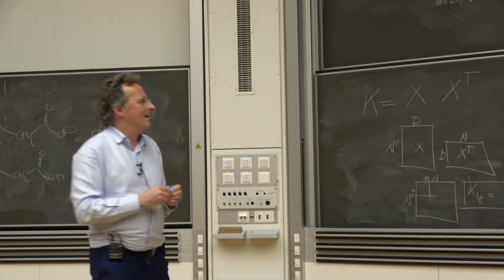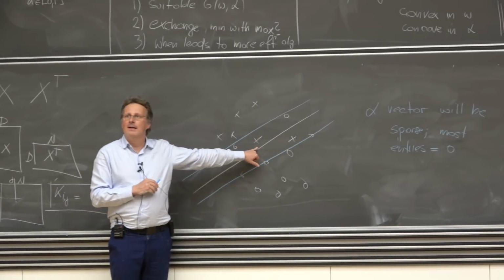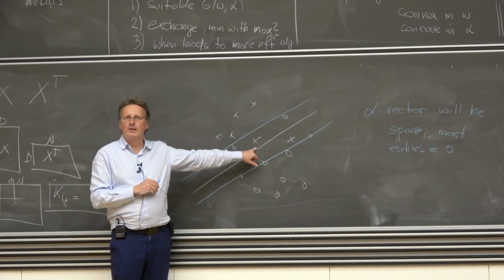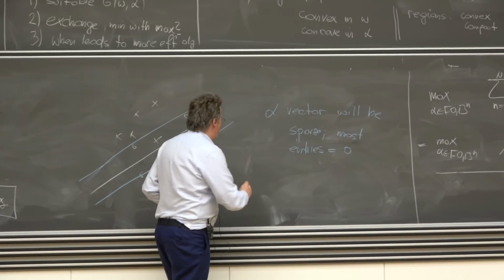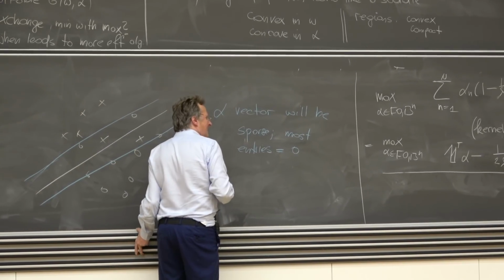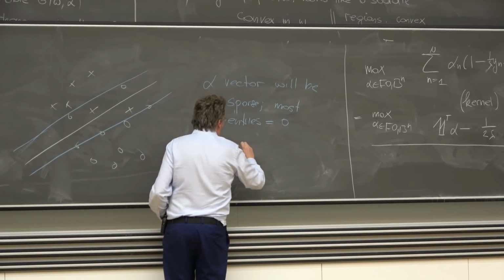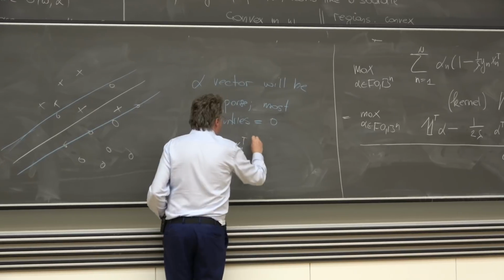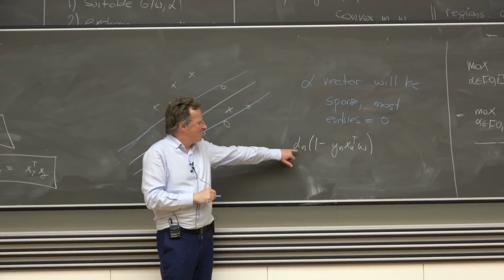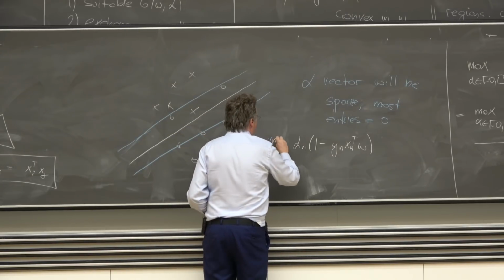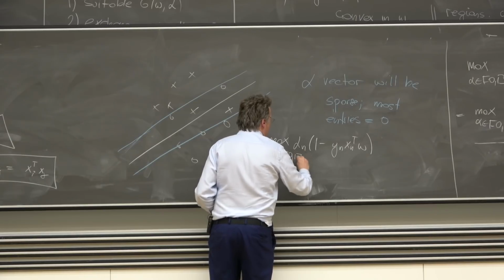So why is that? Remember that for every one of these entries there was one alpha associated to it. And what was the interpretation of the alpha? Remember, we had alpha n times 1 minus y n x n transpose w, and this was equal to the max over alpha in the box between 0 and 1.